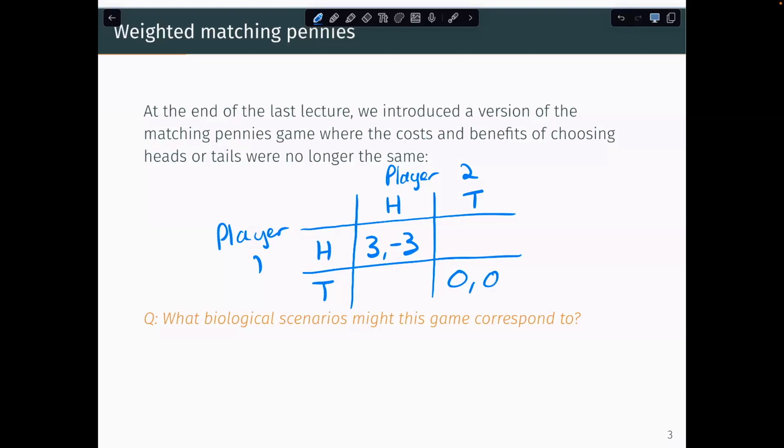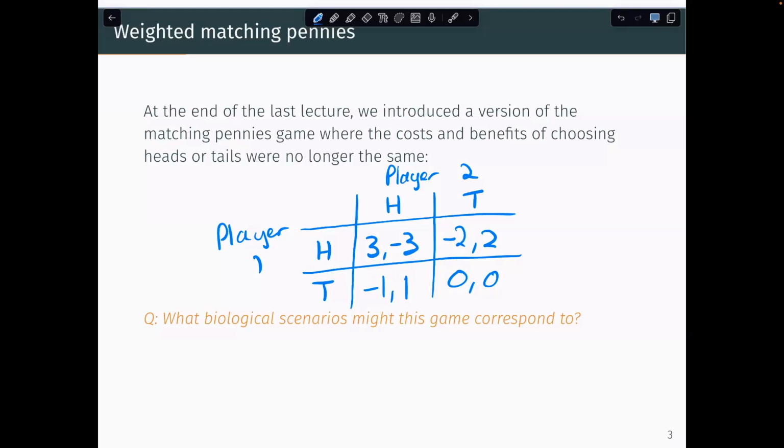If you play heads and your opponent plays tails, they win $2 from you. And if you play tails and they play heads, then you lose $1 and they gain $1. So it's still a zero-sum asymmetric game, following the basic rules. It's just the payoffs that have changed for the different scenarios.